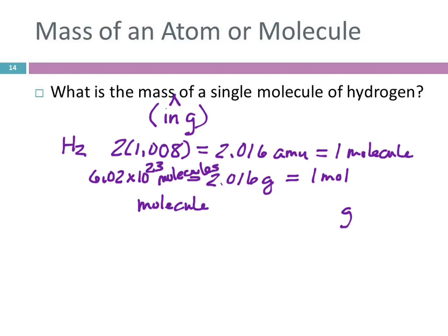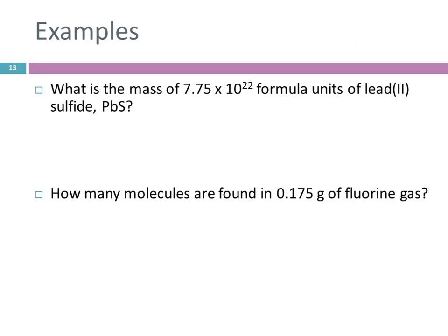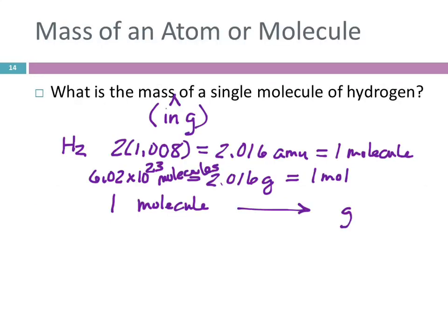Way too long. So could we go directly from 1 molecule to grams? Yeah, we could. Fabulous. There, we're back. 6.02 times 10 to the 23rd molecules is equal to 2.016 grams for hydrogen.